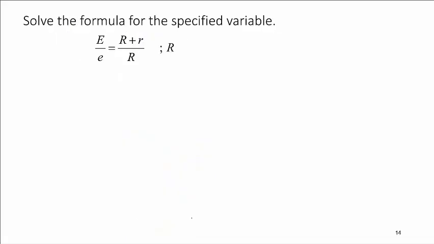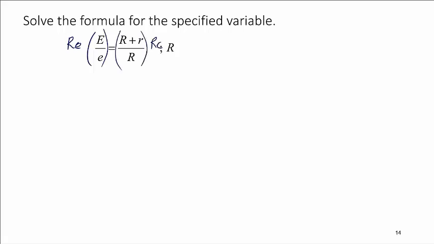We've got big E over little e equal to big R plus little r, all over big R. And we're trying to solve this for big R. So I look at the denominators and I'm going to say, okay, well, my LCD is big R little e.